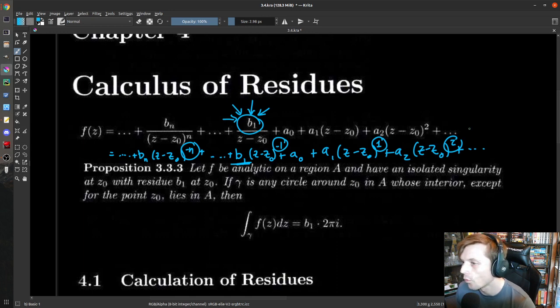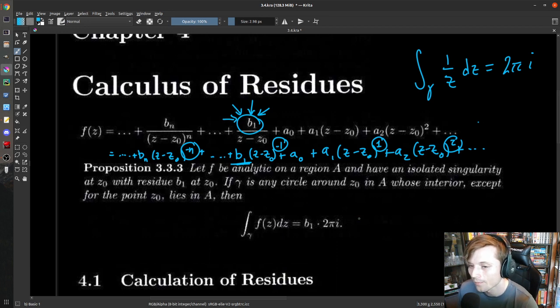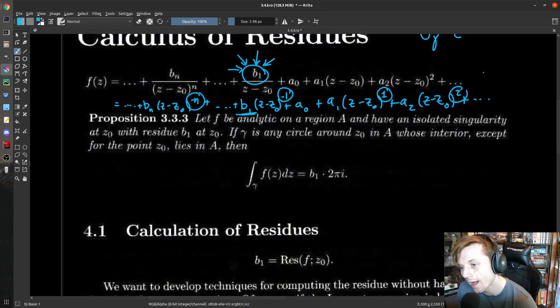For example, why is it the case that if you integrate around the unit circle the function 1 over z, you end up getting out 2 pi i? And if you do it for z squared, why do you get out 0? Stuff like this, right? So what put us in this direction was proposition 3.3.3.